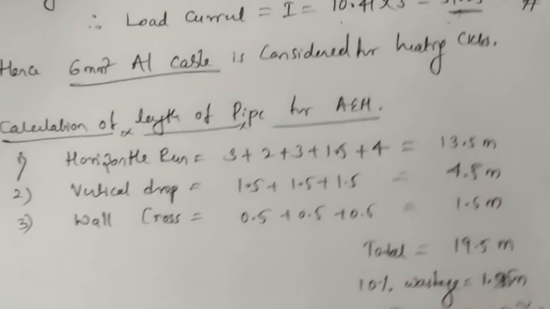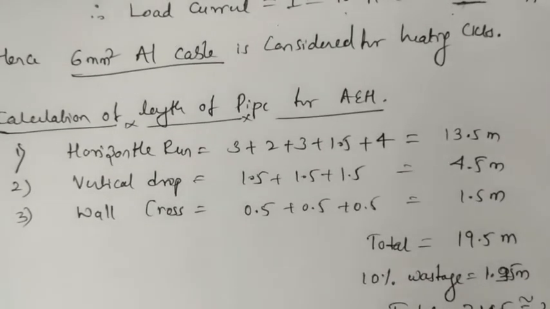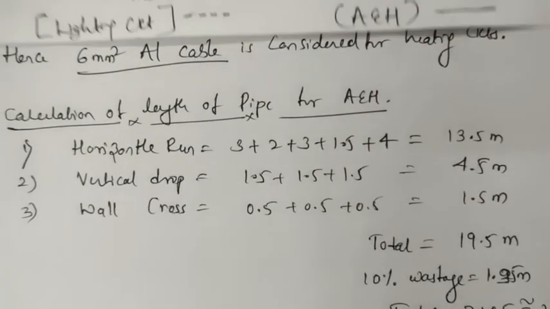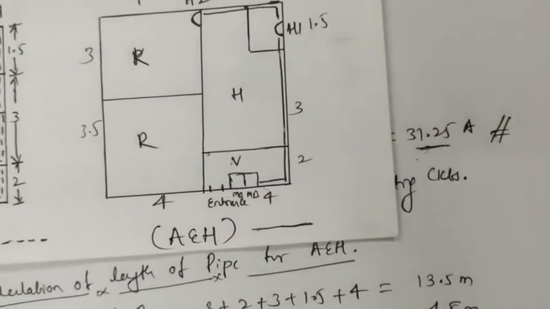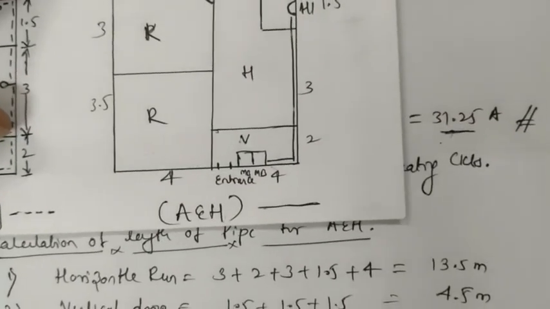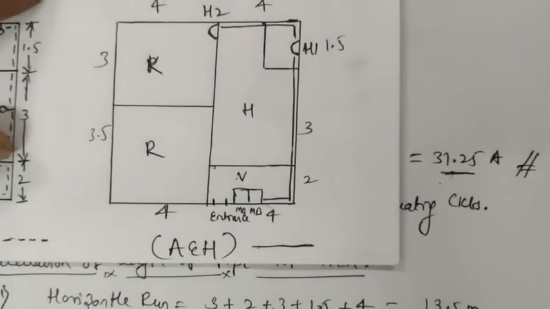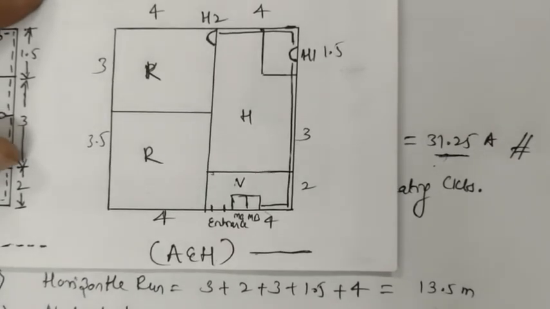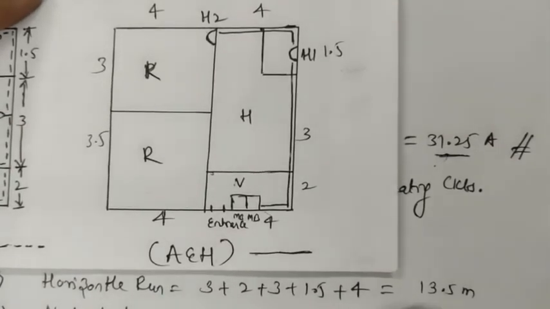Then the calculation of the length of pipe. For this, again you have to refer to the wiring circuit. Here I will show you step by step. First one, horizontal run.